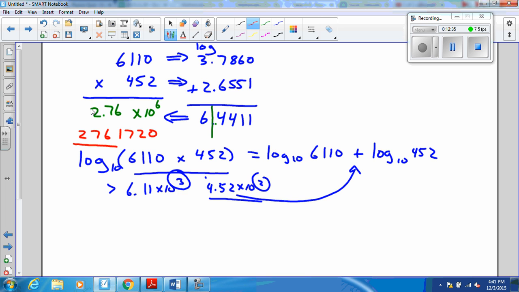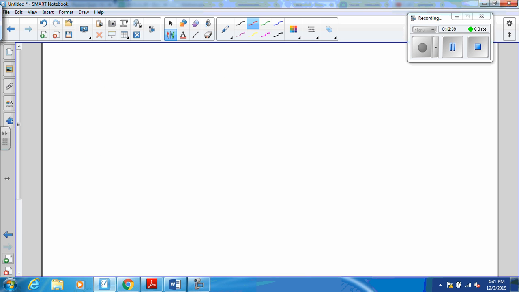Well, the logs had more tricks up their sleeve. We could also use logarithms to do division. Division was a real pain in the neck in elementary school, if you remember. If you wanted to divide something like 21 divided by 452, then you had to set it up in the long division format, and you had to add some zeros and do some guessing and multiplying and subtracting and so on.